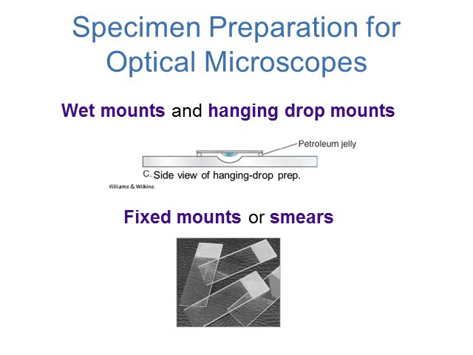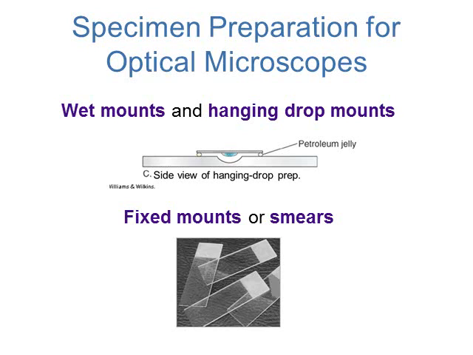This is where you just take your bacteria, mix it in with water, and you can look at it when it's still wet. Another type is called a hanging drop mount. A hanging drop mount, we can attempt to do this in lab. It's kind of hard to prepare. But those wet mounts and hanging drop mounts are used when you want to see bacteria alive and moving. So you want to keep them alive.